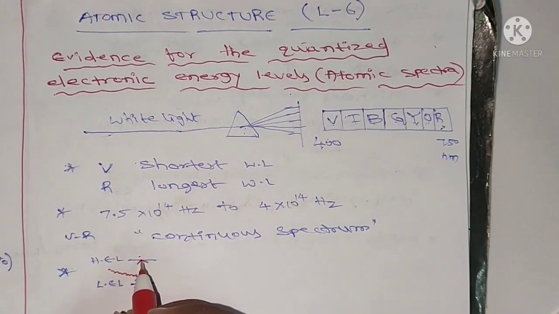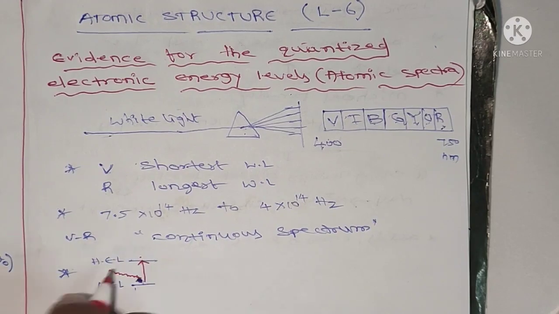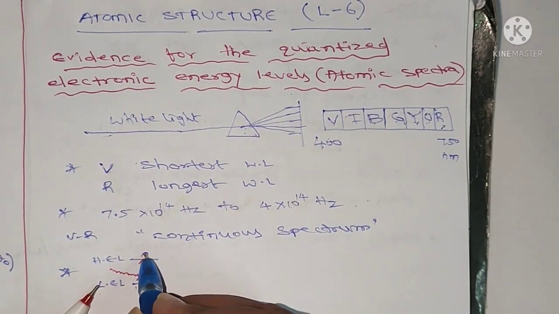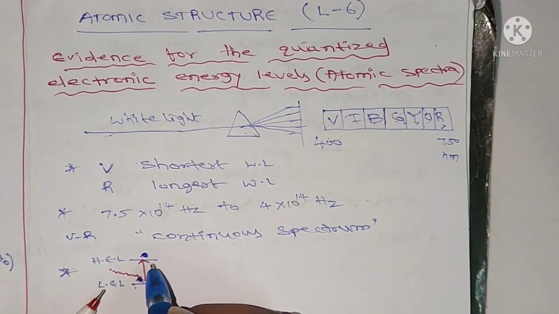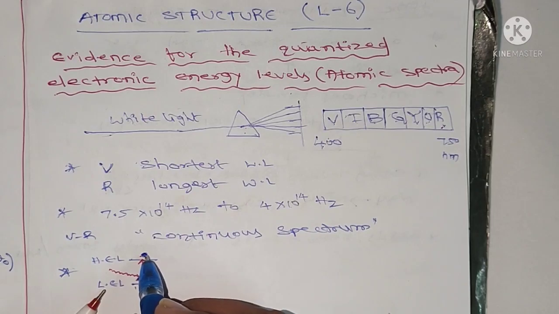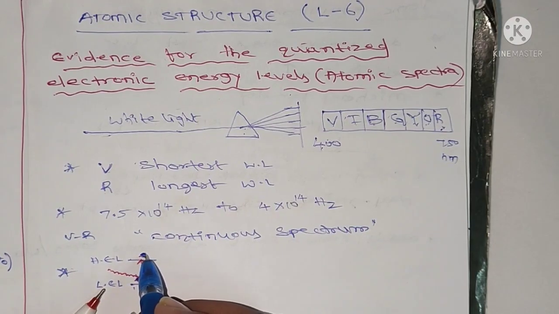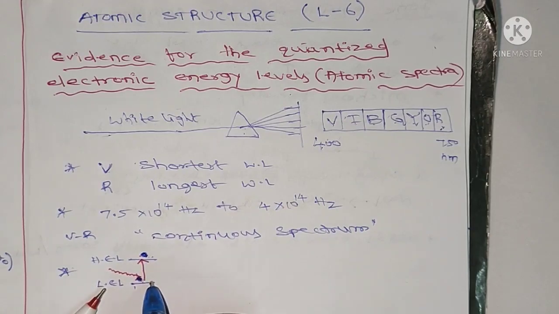Now the atom is here at the higher energy level. But at the higher energy level, these atoms or molecules are unstable, so they come back to the lower energy level by emitting radiation.